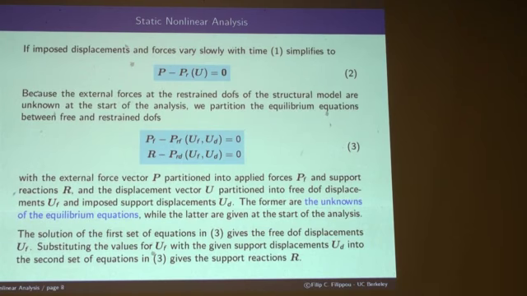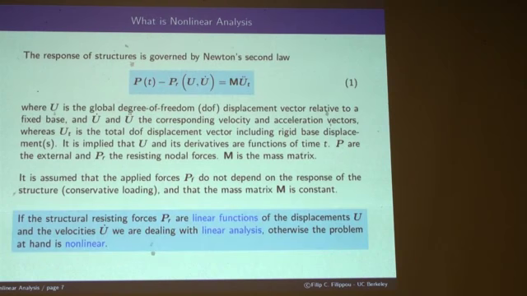So, if they impose displacements and forces very slowly with time, by the way, I haven't said here whether I have imposed displacements or not, right? I can have displacements whose values are known and displacements whose values are unknown at the start of the analysis. So I can do multiple support excitation if I need to.